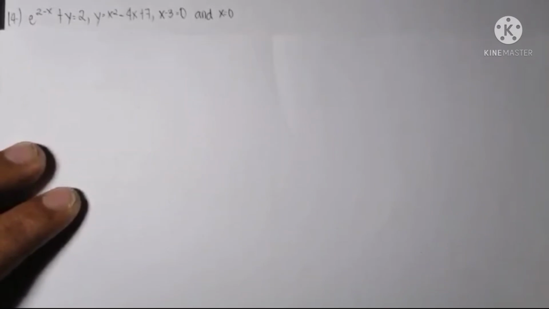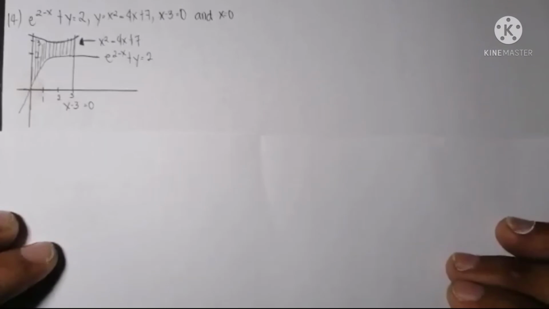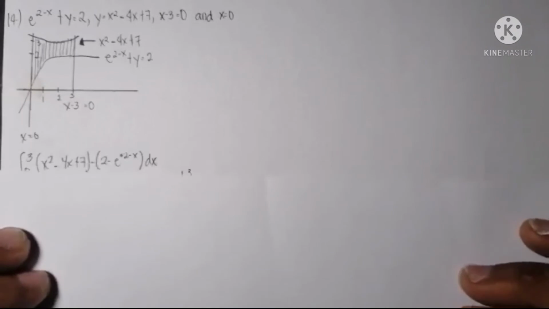Item number 14. e raised to 2 minus x plus y is equal to 2. y is equal to x squared minus 4x plus 7 and x minus 3 is equal to 0 and x is equal to 0. So this is the graph for item number 14.